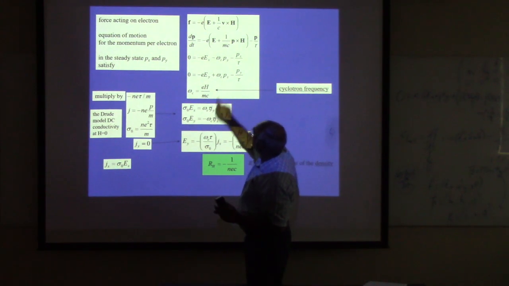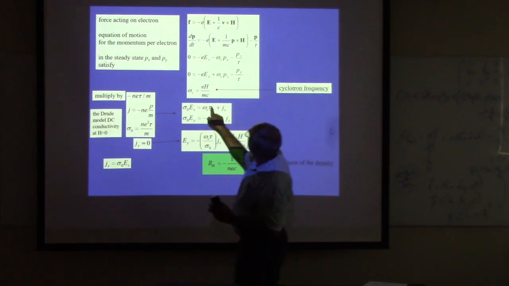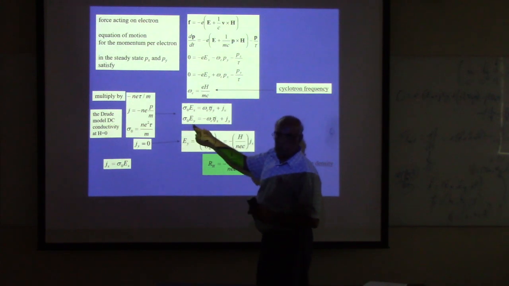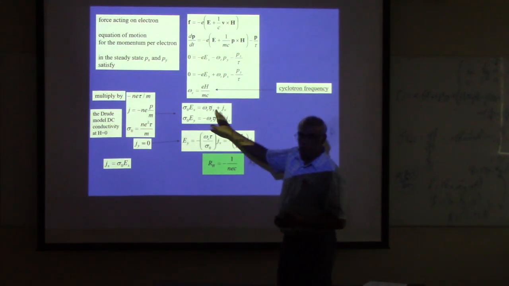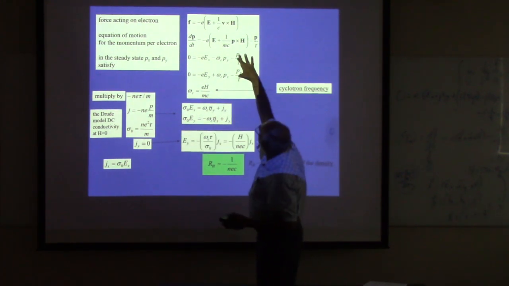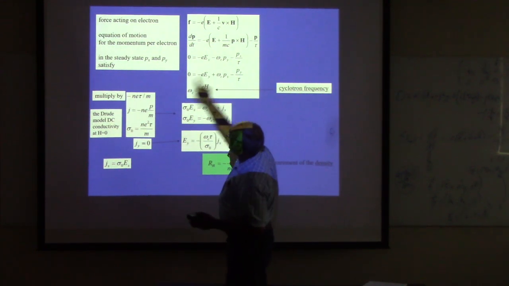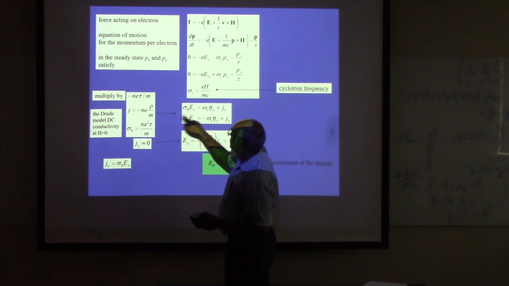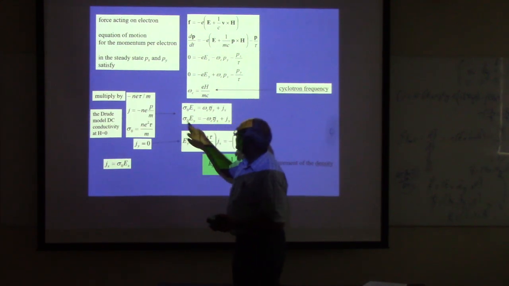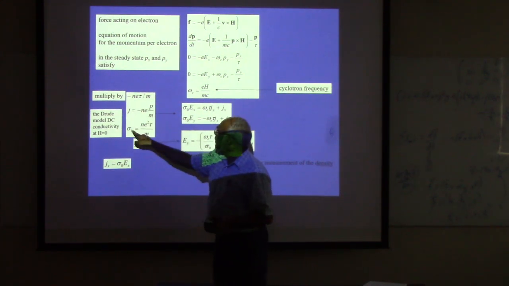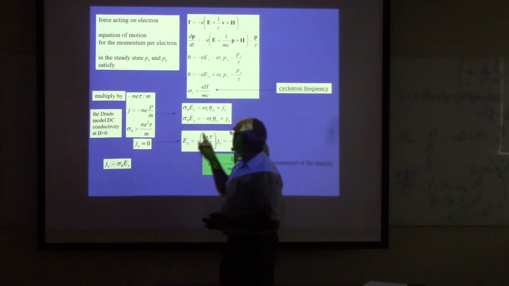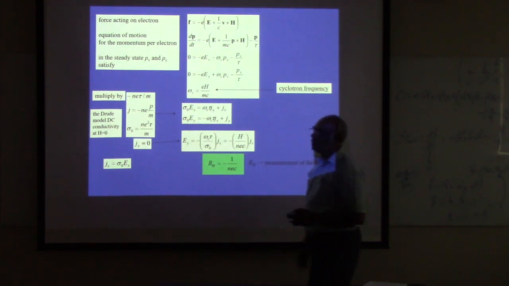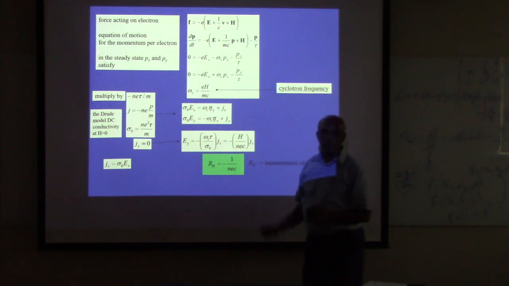Is it clear how to do this? I just multiply everything by this, then substitute J wherever P over M appears, and wherever you have this one, replace by sigma 0. So these are the two equations.